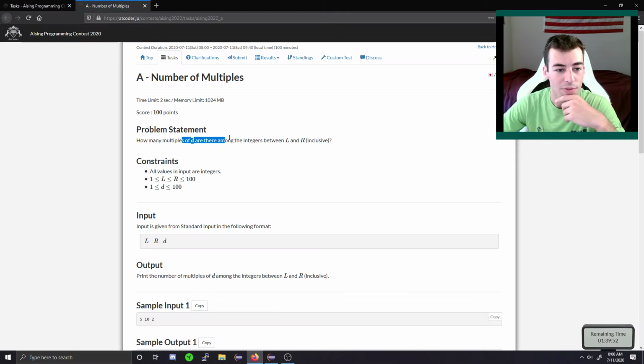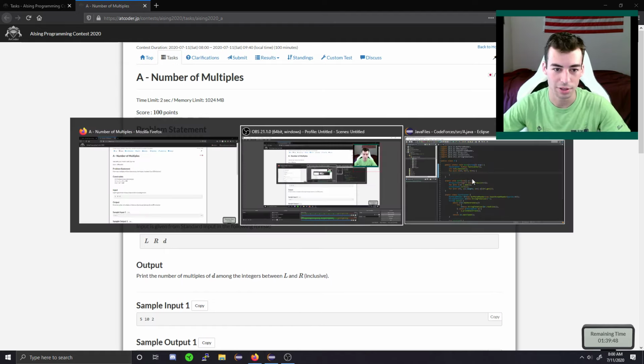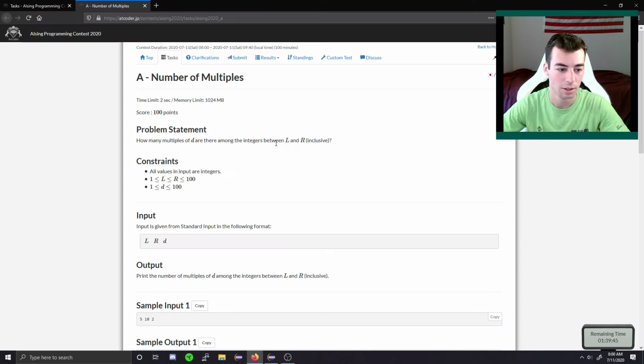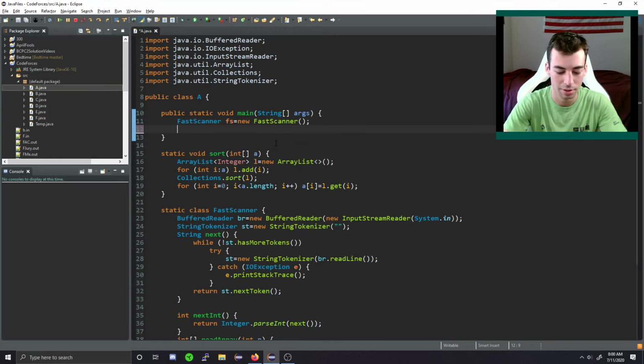How many multiples of D are there among integers from L to R? So it looks like just the naive approach is fine. Just one test case too, even.